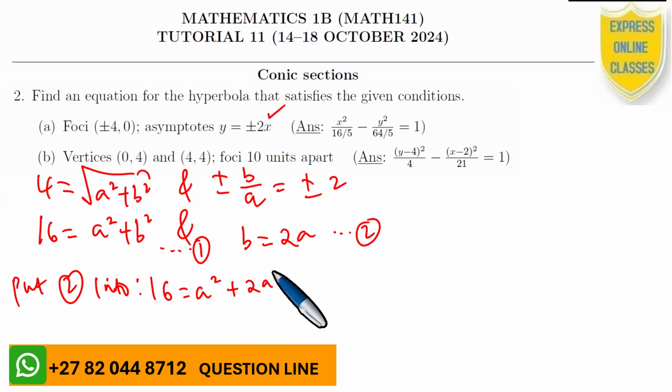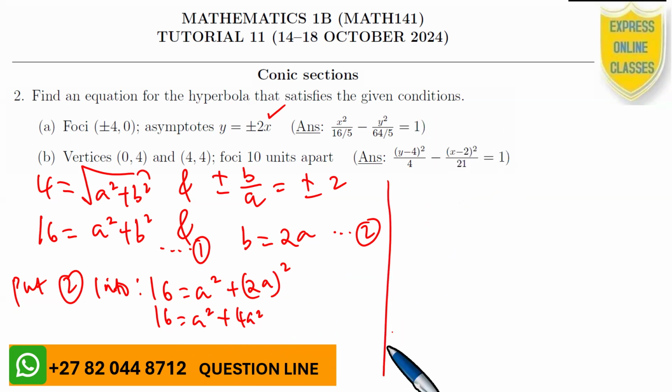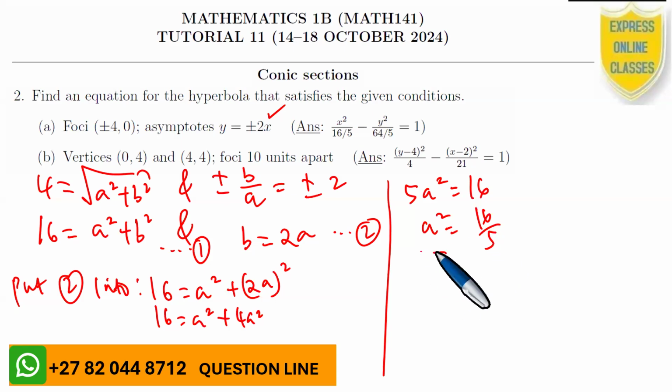The b is 2a, which is 5a squared. It's 16. a squared is 16 over 5. You take the square root, which means a is 4 over the square root of 5.